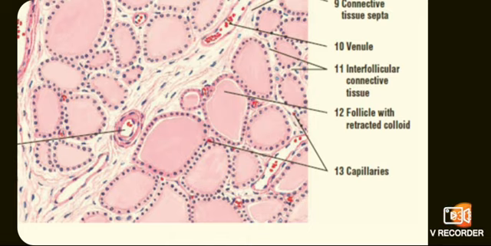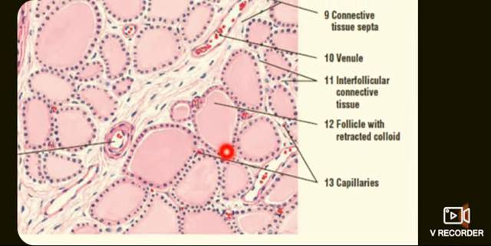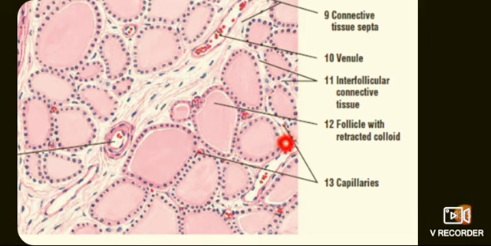Some follicles may have retracted or distorted colloid as a result of the chemicals used during slide preparation. The follicles are separated from one another by thin interfollicular connective tissue which contains capillaries.